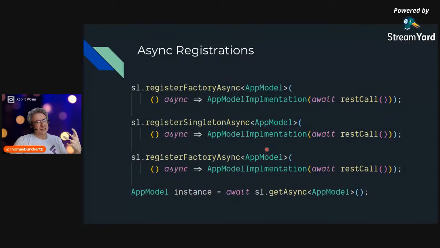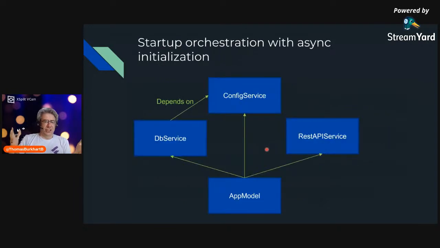And as is often the case, such objects depend on each other. If you do this manually, if you have multiple objects that have an asynchronous creation function and they depend on each other, and you want to make sure that your app only really starts when everything is ready, this makes your startup code pretty messy.